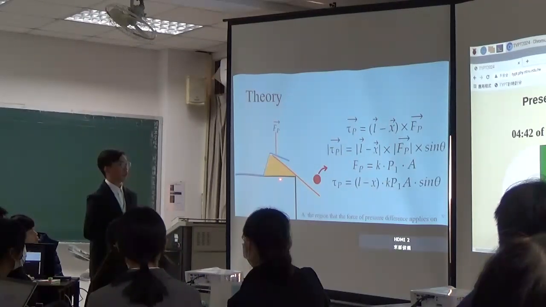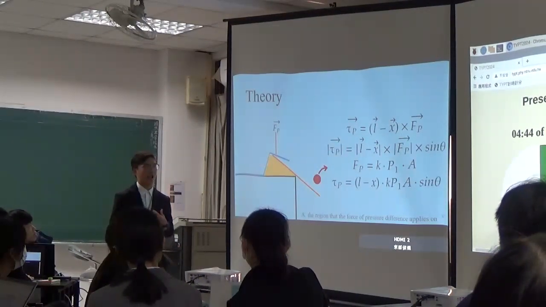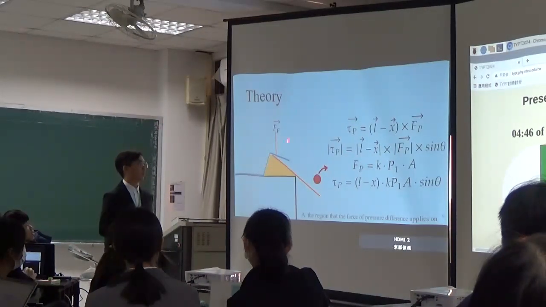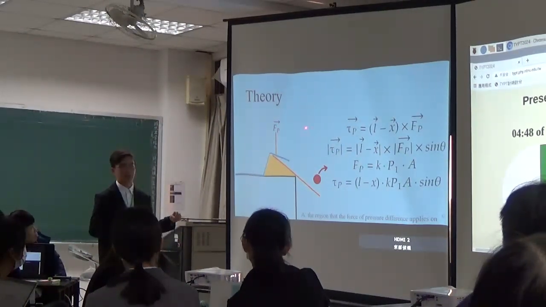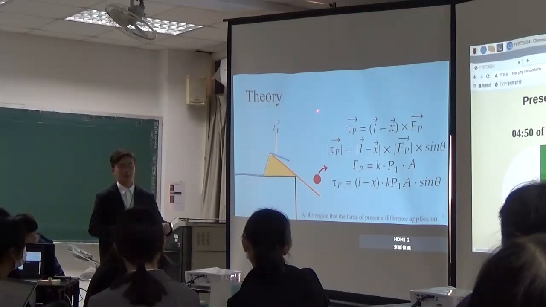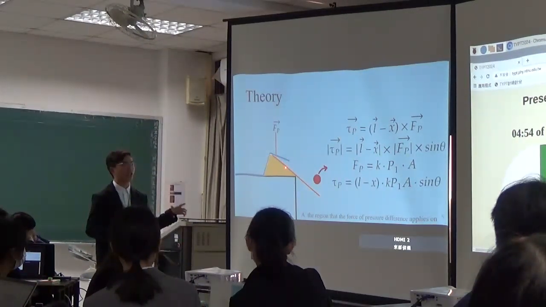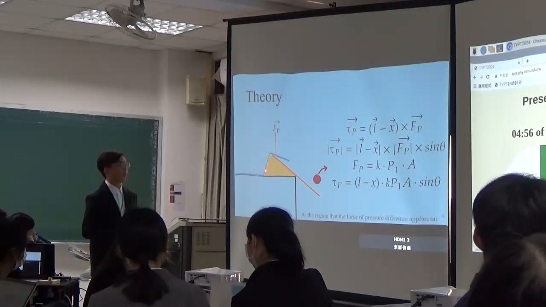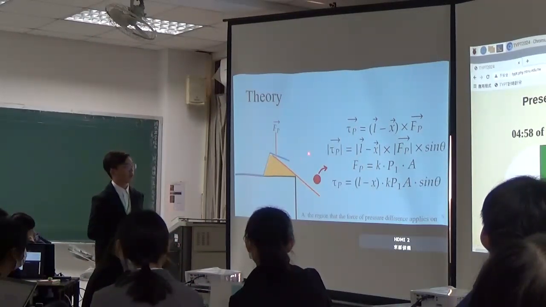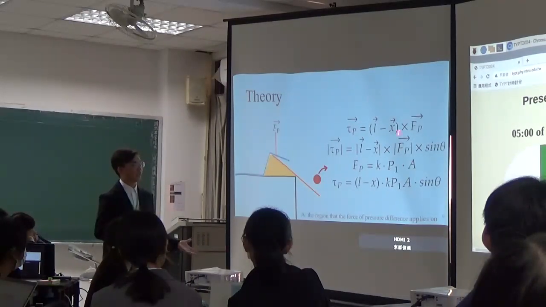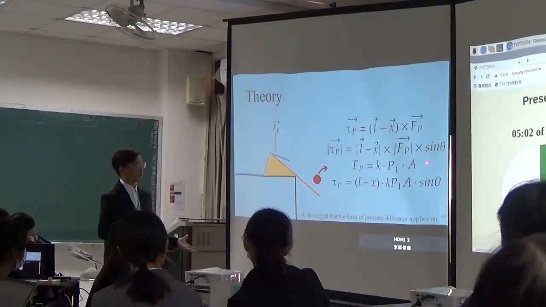As our hypothesis, there will be a force caused by the air pressure difference that applies on the other end of the ruler, making the ruler remain on the table. You can calculate the torque P from this equation.